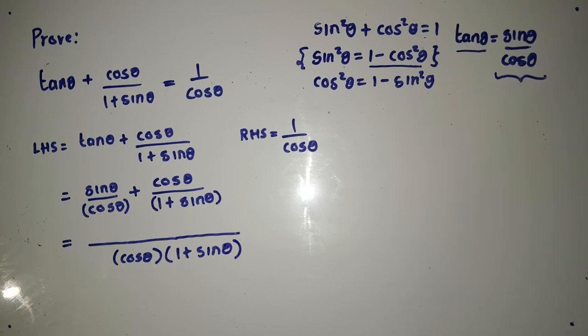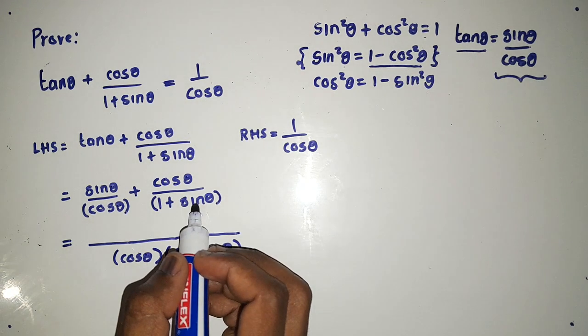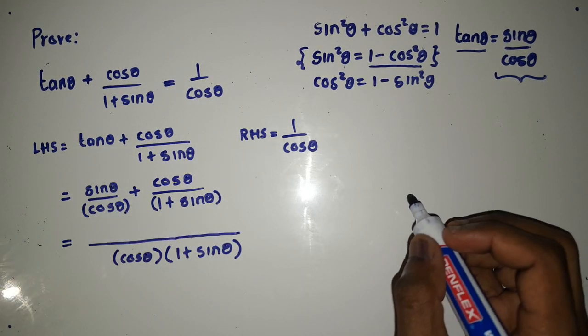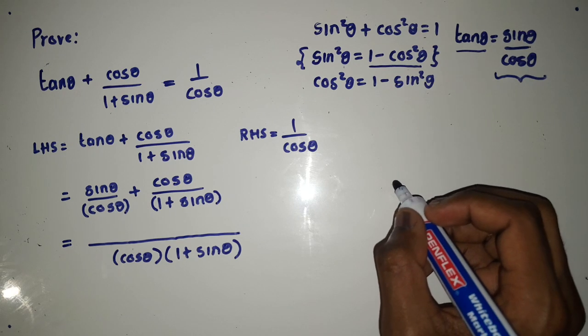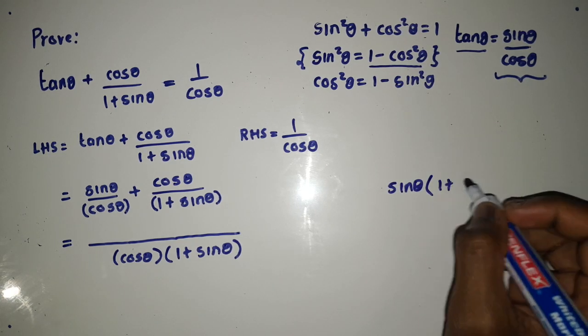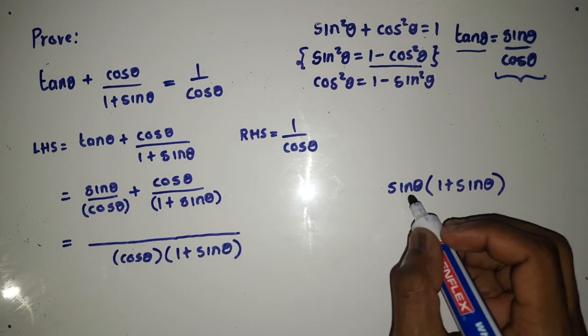You see? Then now let us multiply 1 plus sine theta with this one. Is going to be, it's like now we have sine theta (1 plus sine theta). Let me quickly factorize this one.